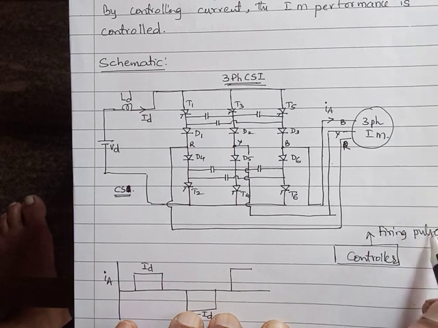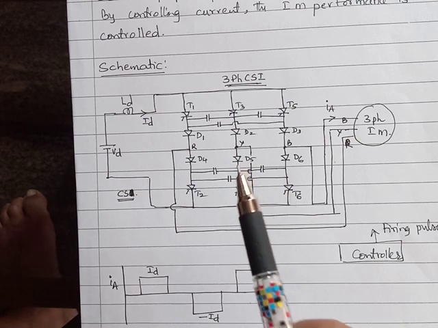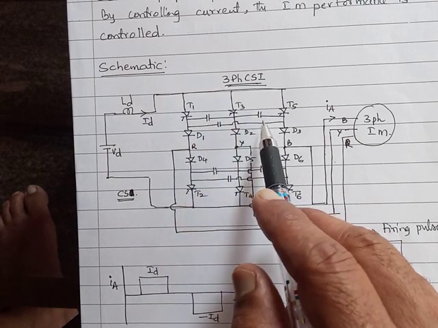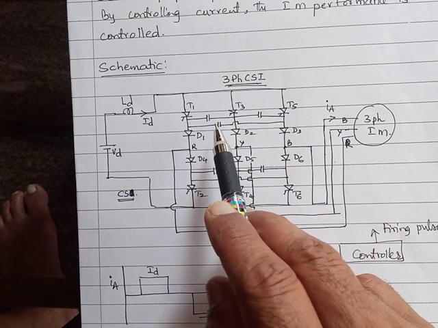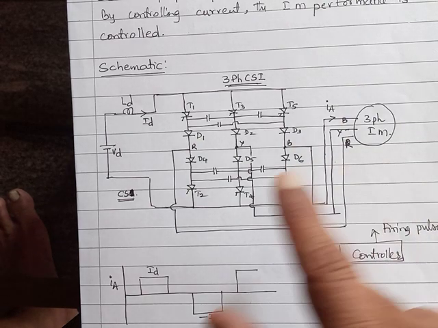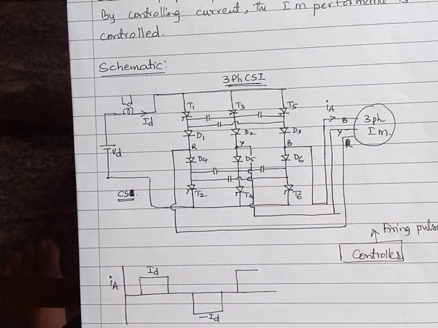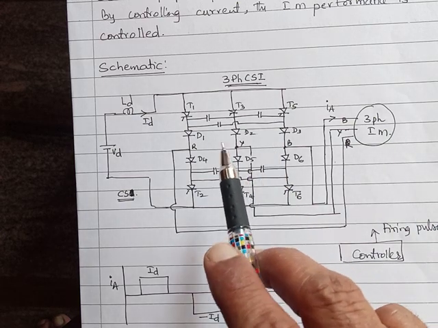Those firing pulses are fed to the SCRs, and the capacitors here along with the diodes will help to commutate the SCRs. The commutation, I will not go into the details of that. You try to recollect the current source inverter, typically the single phase version that we discussed when we discussed power electronics.